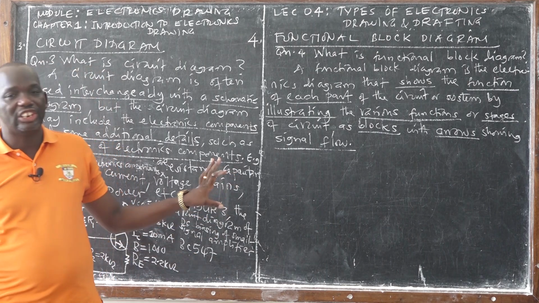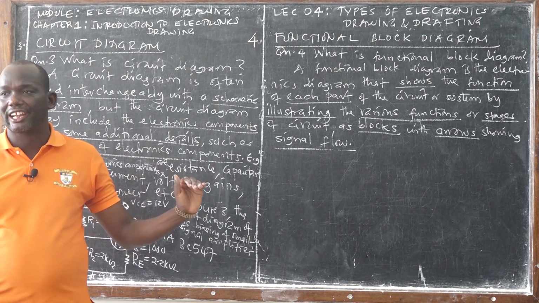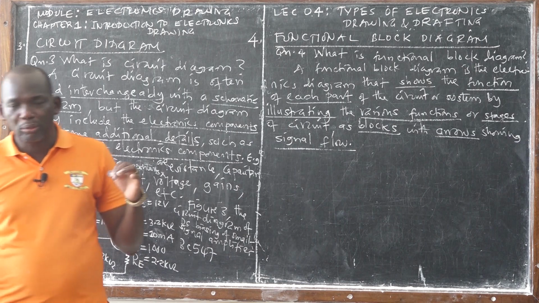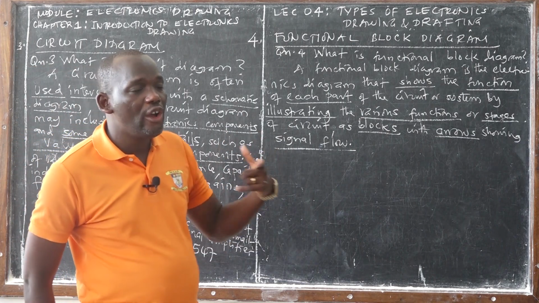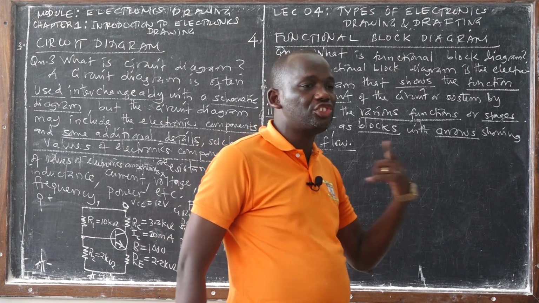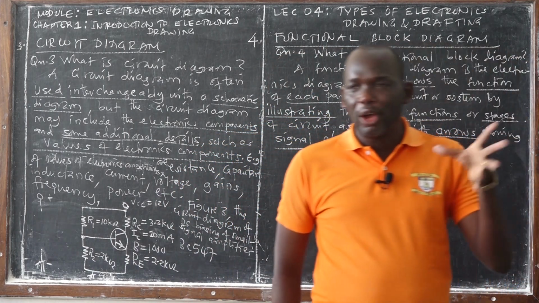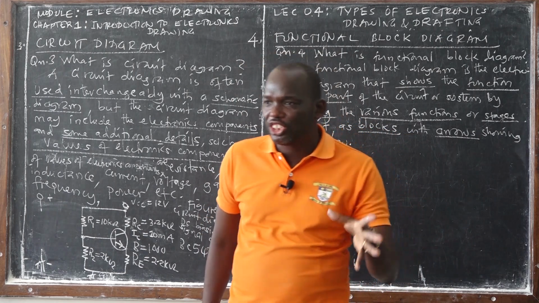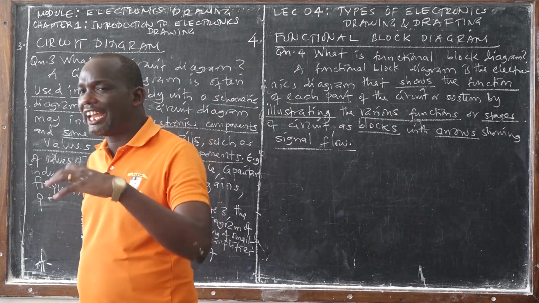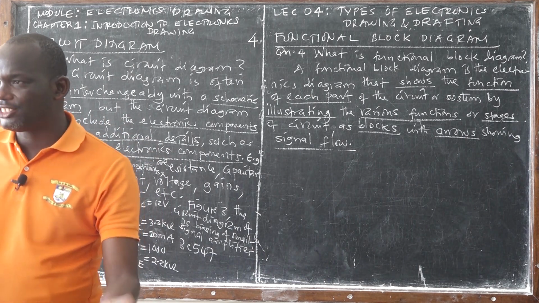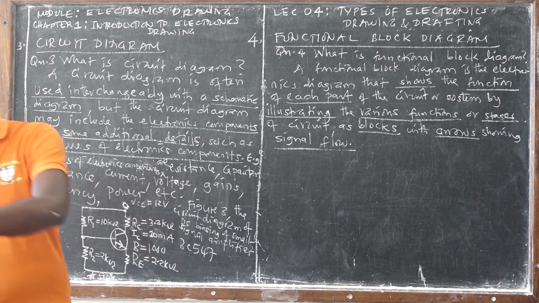So you have to know the difference between a functional block diagram and a block diagram. The functional block diagram shows the functions of subsystems in that particular system, while the block diagram shows the interconnection between electronics components and how those components process the electric signal as it flows from one block or component to another.